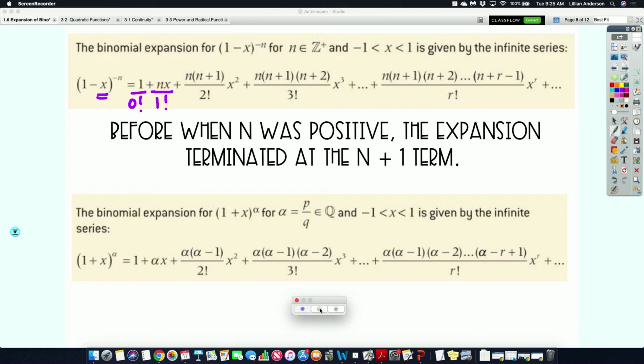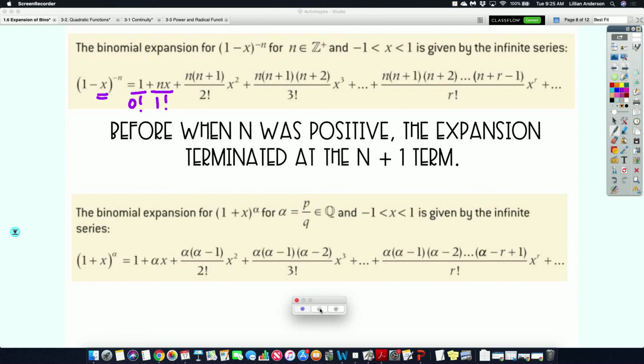And like I said before, the reason why this goes on and on forever is because when n was a positive integer, it stopped at the n plus 1 term. You made it all the way from 0 to your exponent, or from your exponent all the way down to 0. It had an ending point. These aren't going to have an ending point.